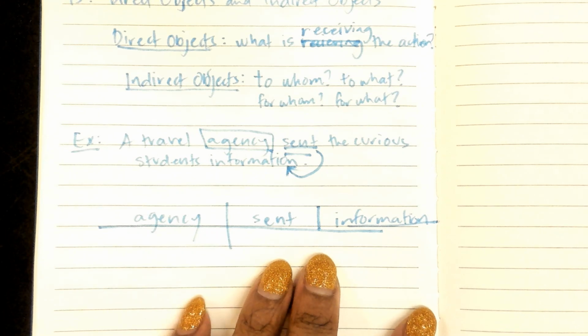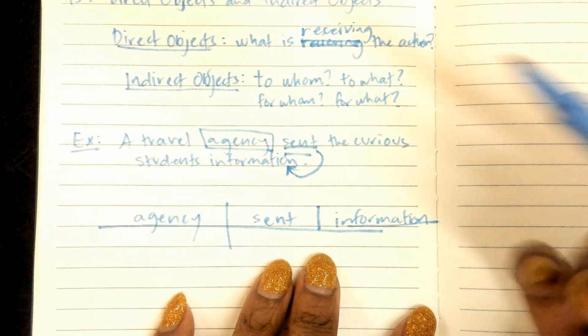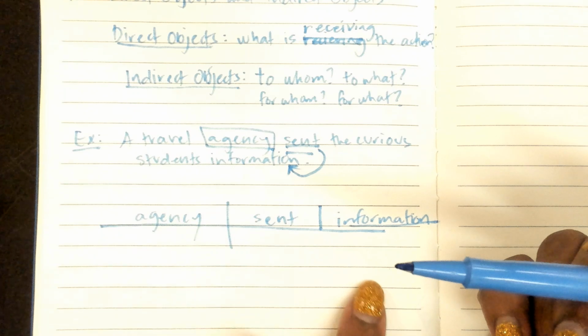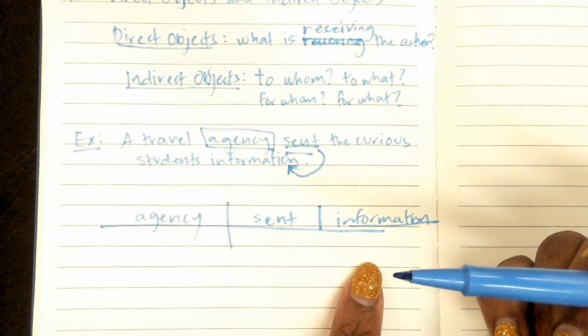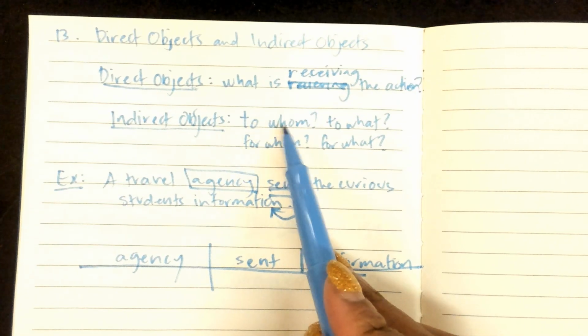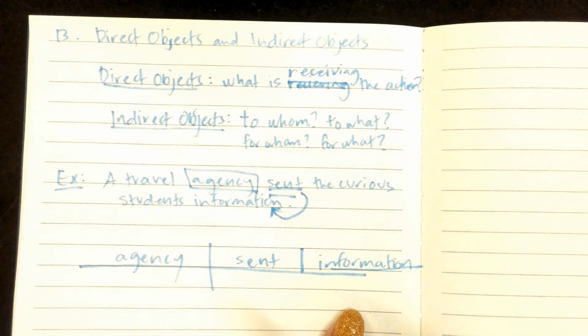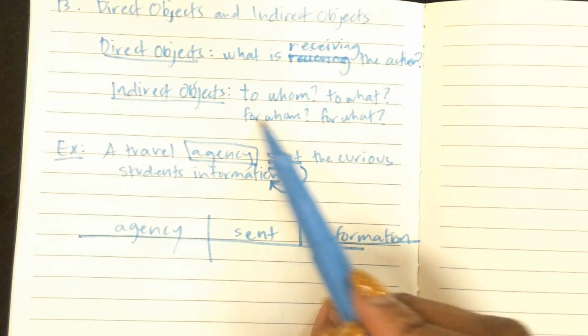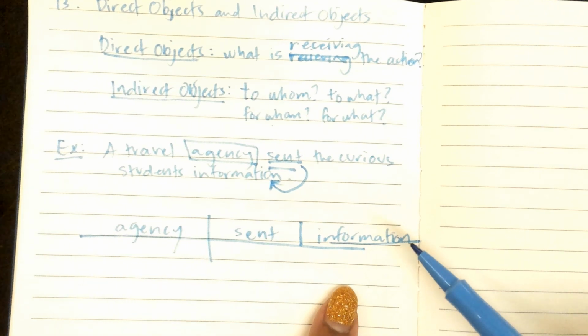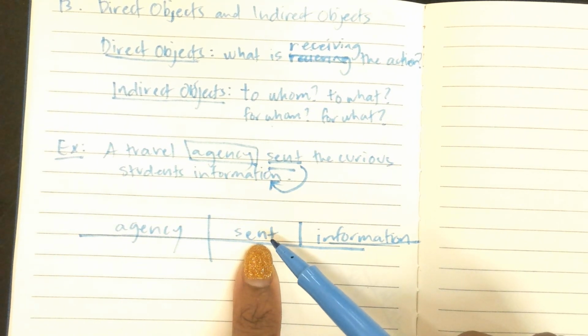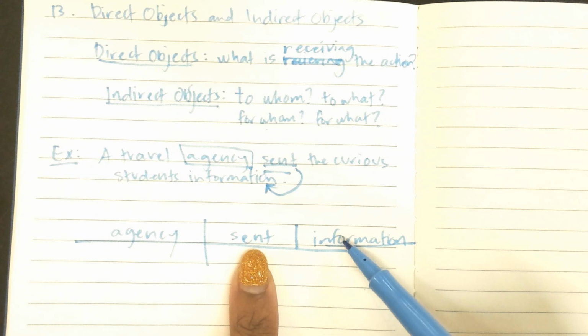All right, now what do we do with all these other words? When we're looking for the indirect object, we have to ask ourselves, to whom or to what? Or for whom or for what? So in this case, if we look at the verb sent, who was the information sent to?